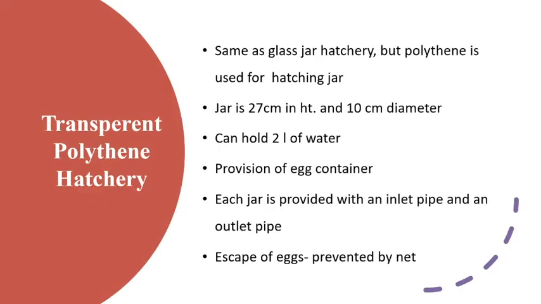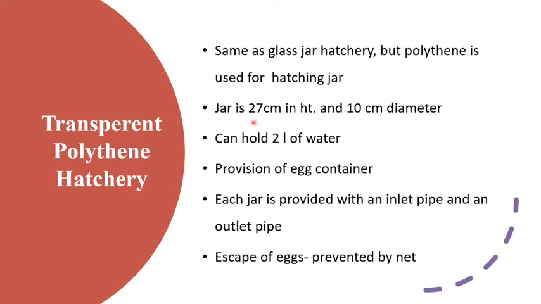Let us learn about transparent polythene hatchery. This hatchery is identical to Bhaumik's glass jar hatchery except that breakable hatching jars are replaced by transparent polythene containers. Each jar is provided with an inlet pipe and an outlet pipe, and escape of eggs from the jars is further prevented by a net.